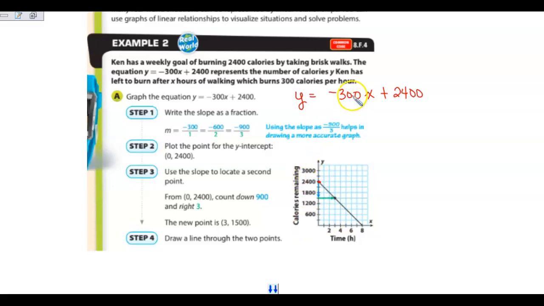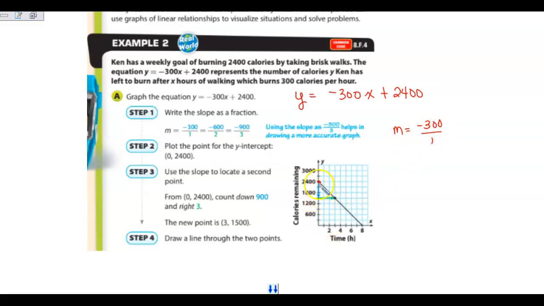And then if they're burning 300 calories per hour, we need to find where we can graph our information. One of the things we notice is that we can always write our slope as a fraction by just putting a 1 underneath it.